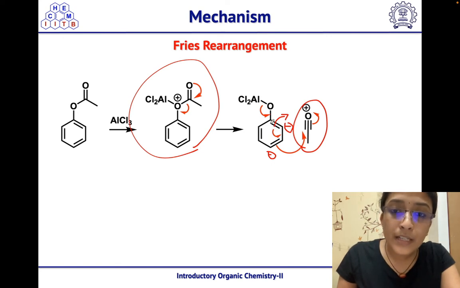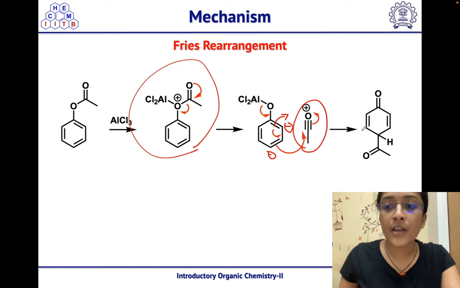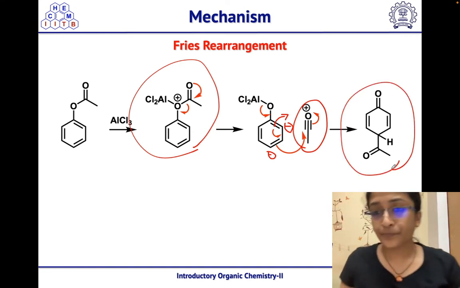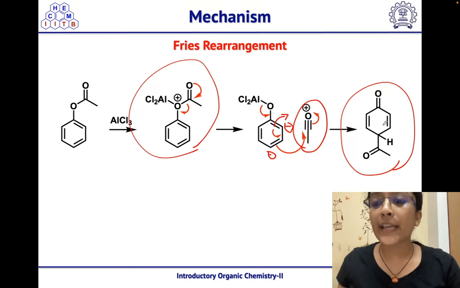So this carbon carbon double bond will shift in this direction, and the carbanion that will be formed at this carbon at the para position will attack the acylium carbocation in this fashion, and we will get a ketone. So this we will get. Now we need to regain the aromaticity.